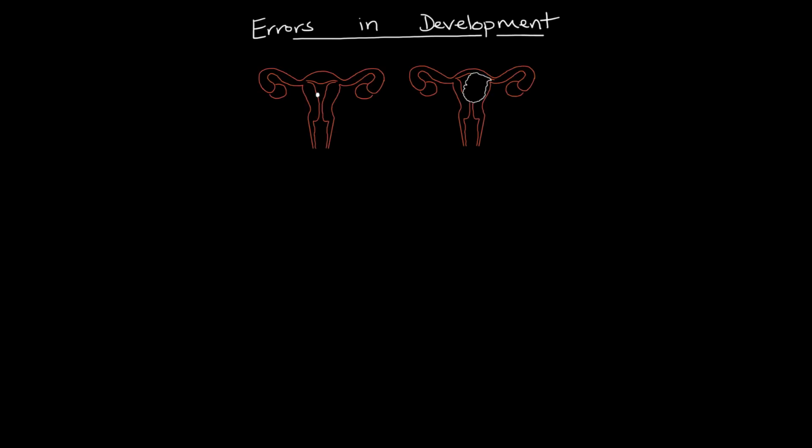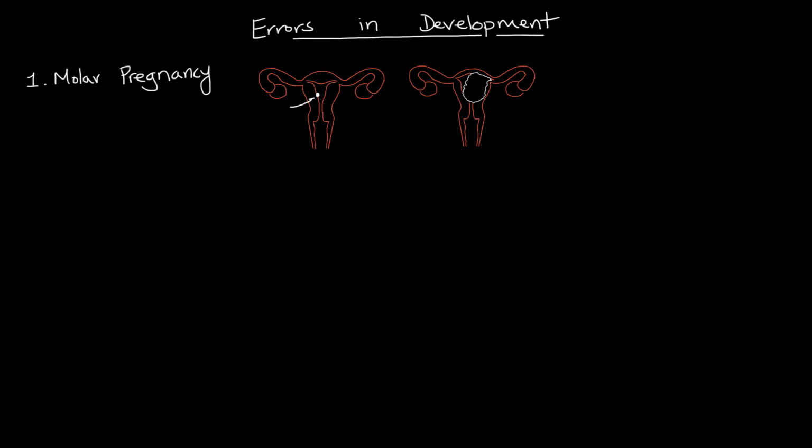So the first one that we'll talk about, that we've actually talked about before briefly, is a molar pregnancy. So again, this is a product of conception, but something goes wrong.